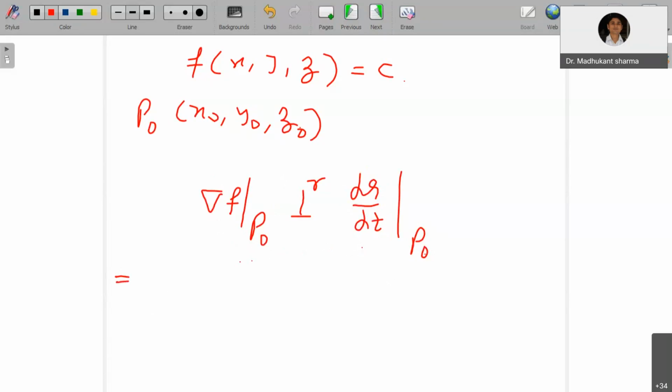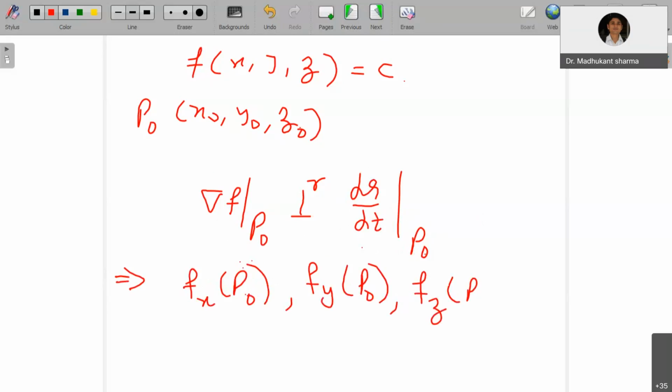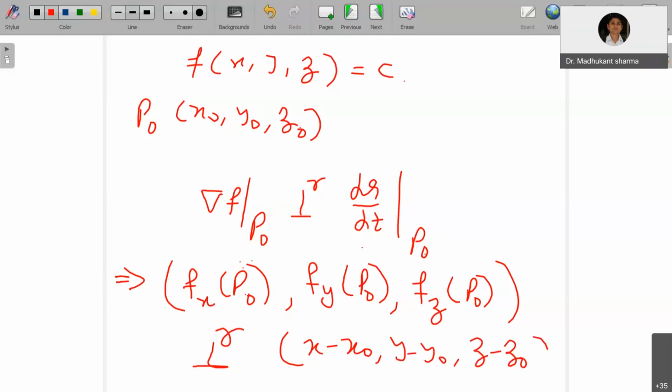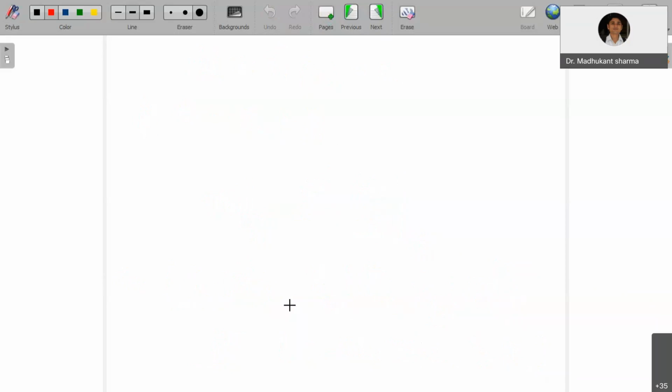So this will tell you that on the tangent line, you take any point. You have fx at p naught, fy at p naught, fz at p naught. This vector is orthogonal to any vector passing through this tangent line, which is going to be x minus x naught, y minus y naught, z minus z naught. So this dot product is 0.